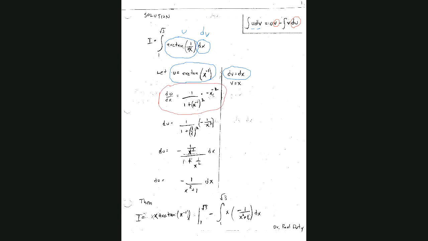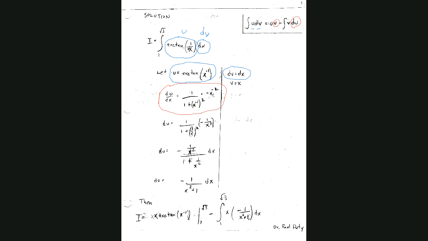The derivative of the arctangent of a function... I want to say this the right way. The derivative of the arctangent of x is 1 over 1 plus x squared.